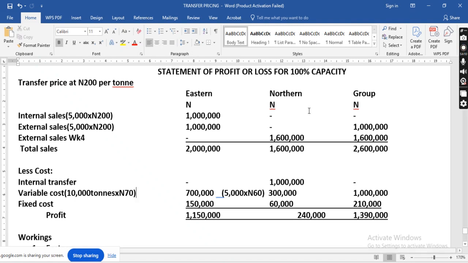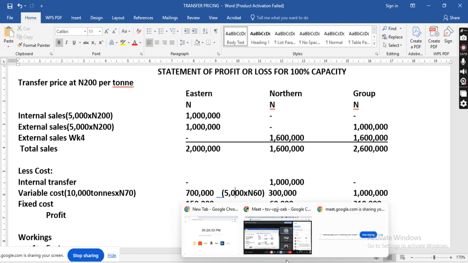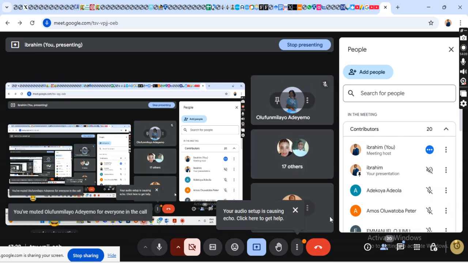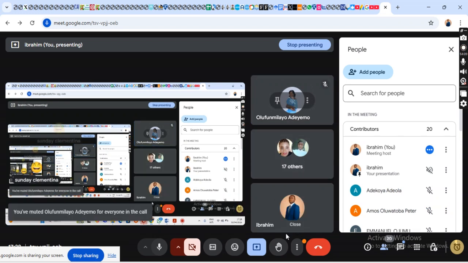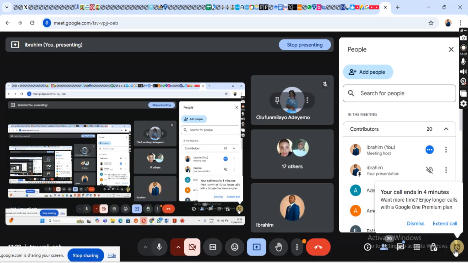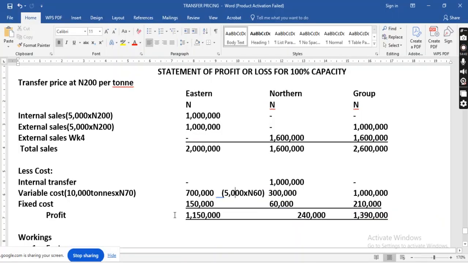And for the Northern, it is 5,000 tons. Do you get that? Okay, fine. So what do we have here? Do you get that now?